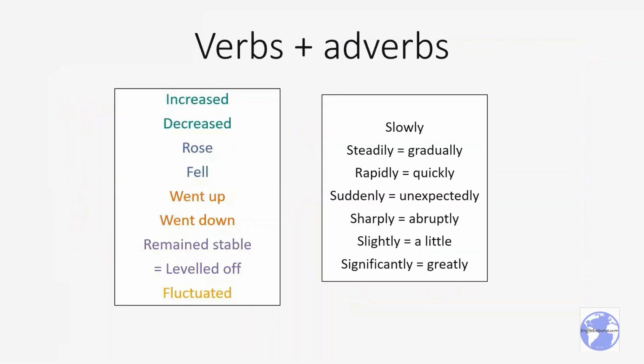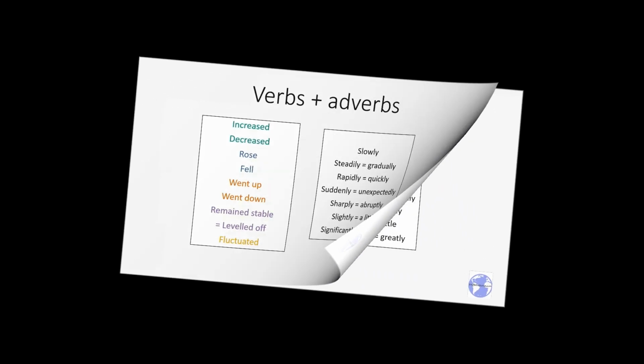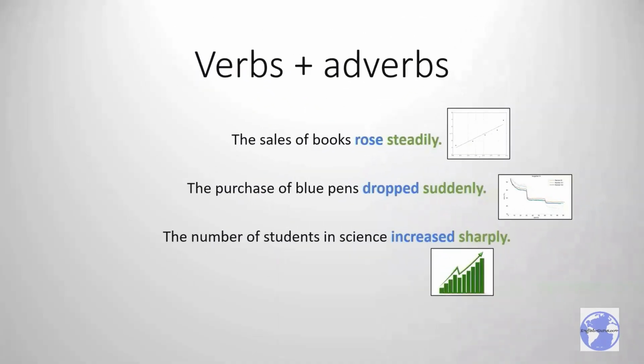Using adverbs, very important because you want to describe the movement. Here are some good adverbs to match with the verbs. Increased, decreased with slowly, steadily, meaning gradually, rapidly, quickly, suddenly, unexpectedly, sharply, abruptly. Slightly means a little and significantly means greatly. So the sales of books rose steadily.